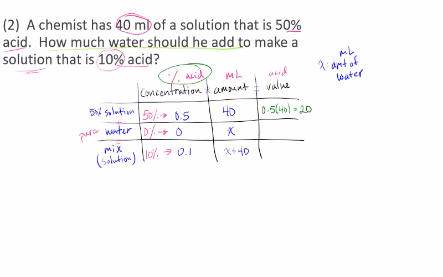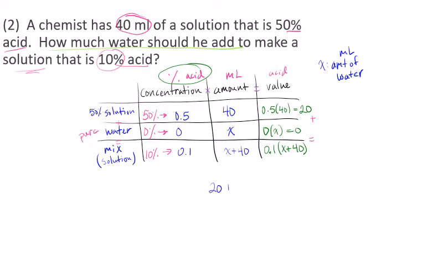For water, 0 times X is 0, so we have 0 amount of acid in water, as we talked about before. And for our mixture, we multiply 0.1 times X plus 40. Remember, if we add the amount of acid in the 50% solution plus the amount of acid in water, that should give us the total amount of acid in the mixture. And so there's our equation.